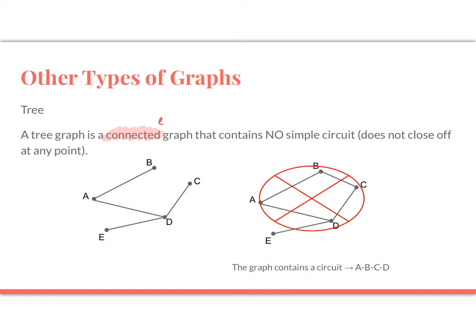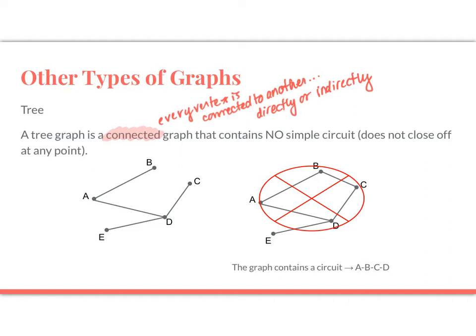So every vertex is connected to another, directly or indirectly. As you can see from this one, A and E are connected through the path EDA. So they are indirectly connected, but connected nonetheless.